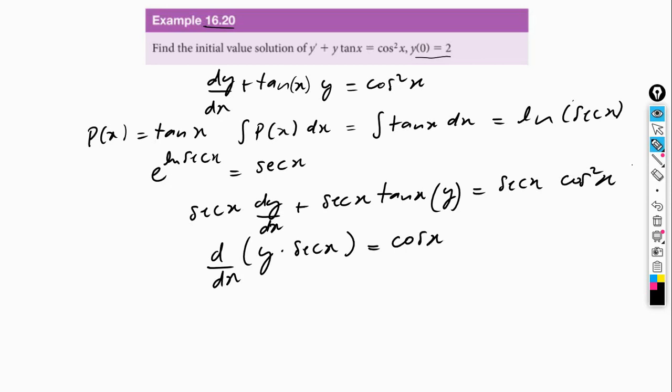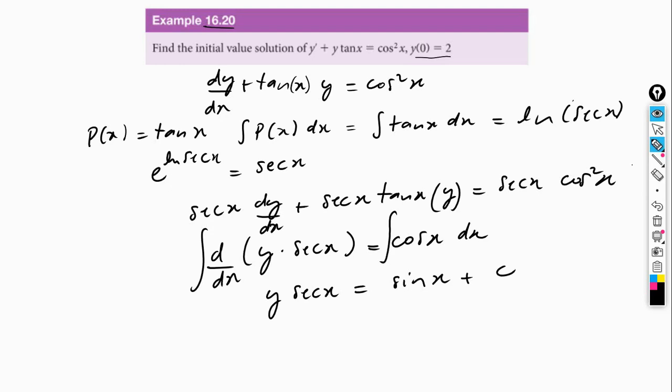Because secant is 1 over cosine. So now we can integrate both sides of the equation. And let's not forget dx here. And we're going to get y times secant of x is equal to the sine of x plus a constant c.